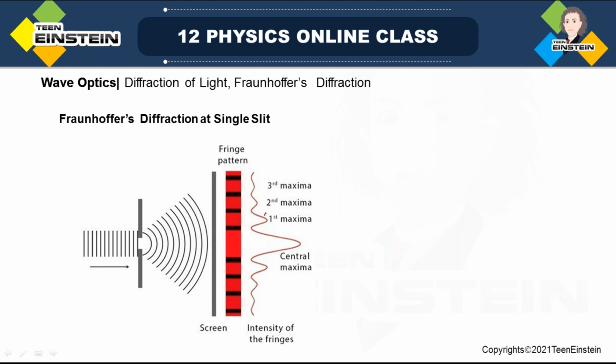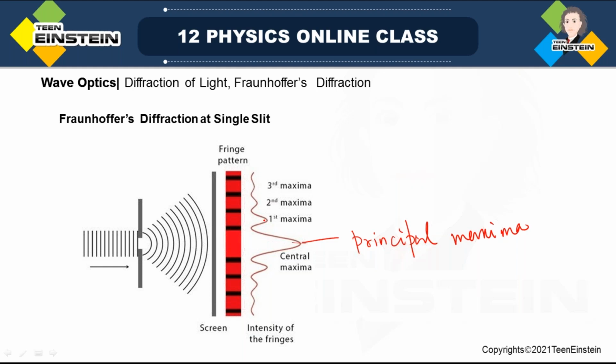Not only that, the intensity also decreases. This first one is the first secondary maxima. These are called secondary maxima, and this is called the principal maxima or central maxima.